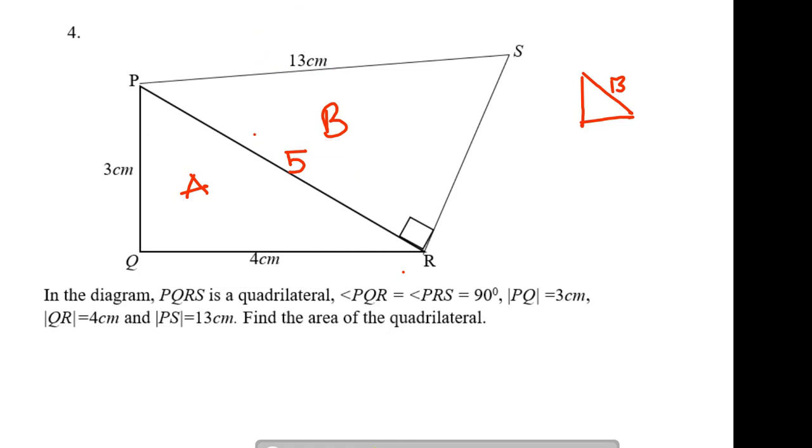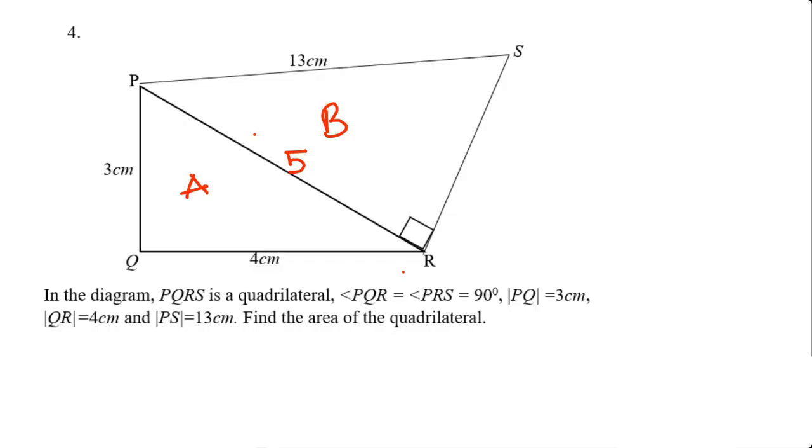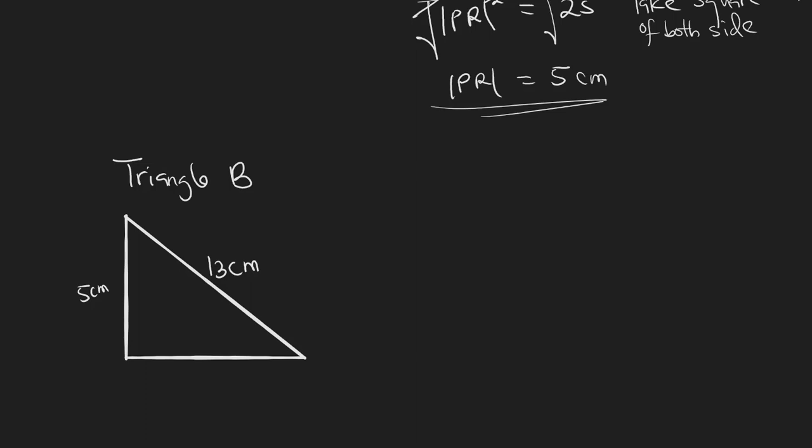The hypotenuse is 13 centimeters, and the height is what we have calculated to be 5 centimeters. I remember labeling this, we have PRS, right? So we're going to calculate the base because it's going to be useful while calculating the area of that triangle. So we're going to calculate RS.